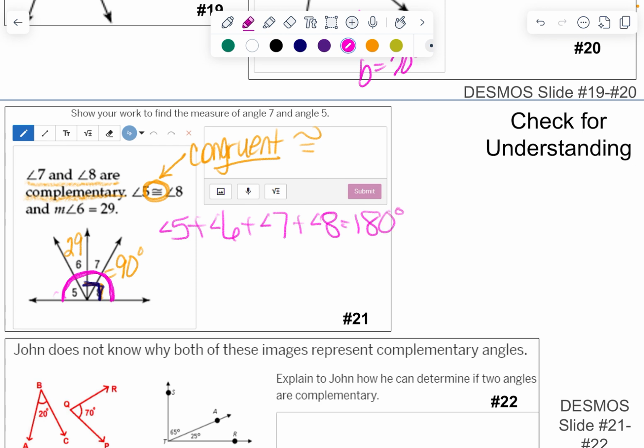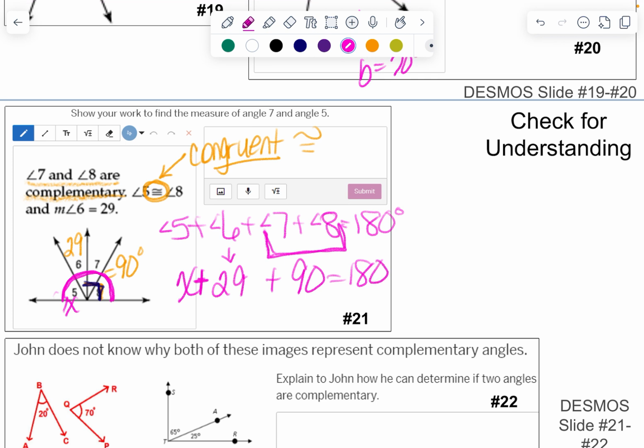I know that 7 and 8 together equal 90. I know that 6 is 29. I don't know angle 5, so I'm going to just use X, but I know all of that is going to equal 180.